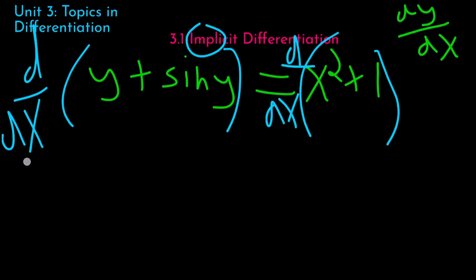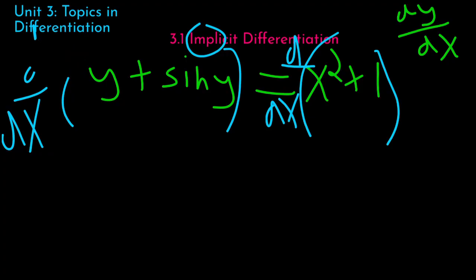You're basically doing d over dx on both sides, the whole entire thing, with nothing there yet, no dy, no dx, just d over dx. On this side, it's going to be dy, and this side is eventually going to be dx.